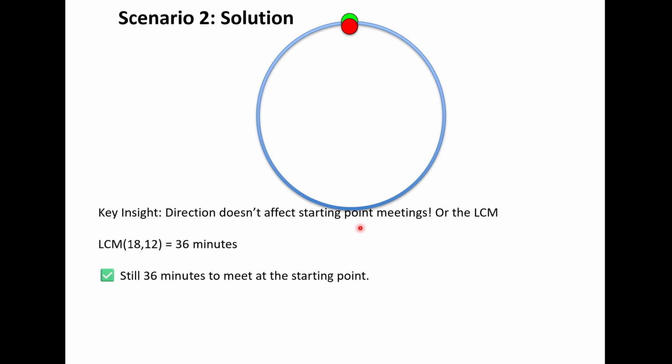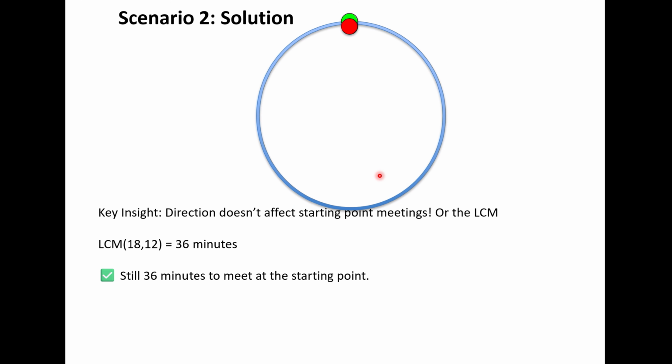Just because the direction changes, the individual lap times of Ravi and Sonia, which are 12 minutes and 18 minutes, are not changing. Since the individual lap timings are not changing, the direction does not matter, because whether they run this side or that side, Ravi will still take 12 minutes and Sonia is still going to take 18 minutes to complete one full lap.